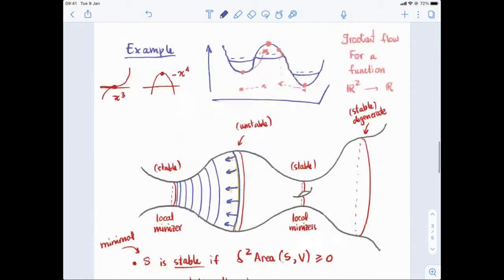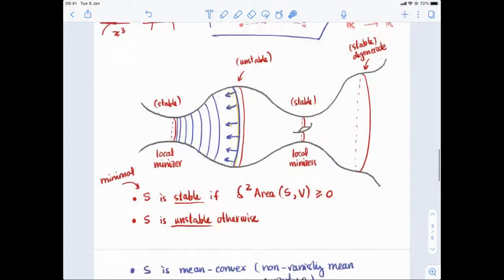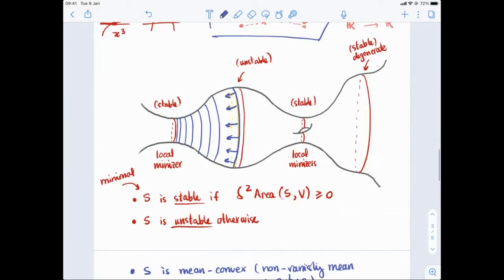So pretty much in the same way that here we had this unstable point on top that evolved toward this stable point here, this is what is happening in spirit. You can do the same thing towards the other side. You can also produce a mean convex surface towards the other side of your unstable surface.